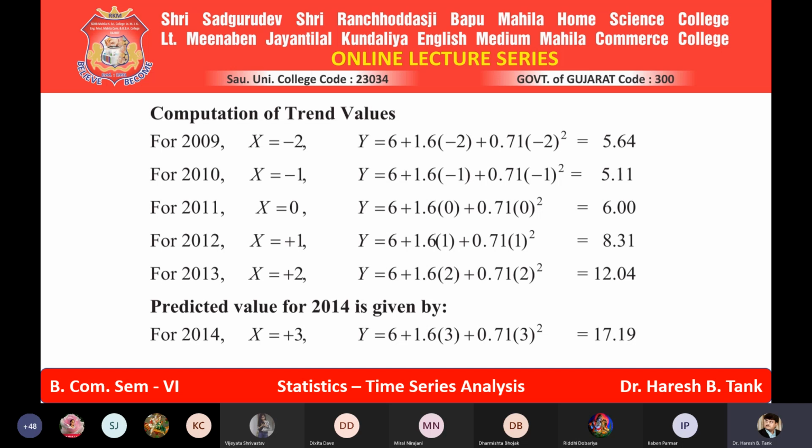So this 17.19 is the predicted value for 2014. Is everyone getting these values? Yes, sir. Okay, that's great.